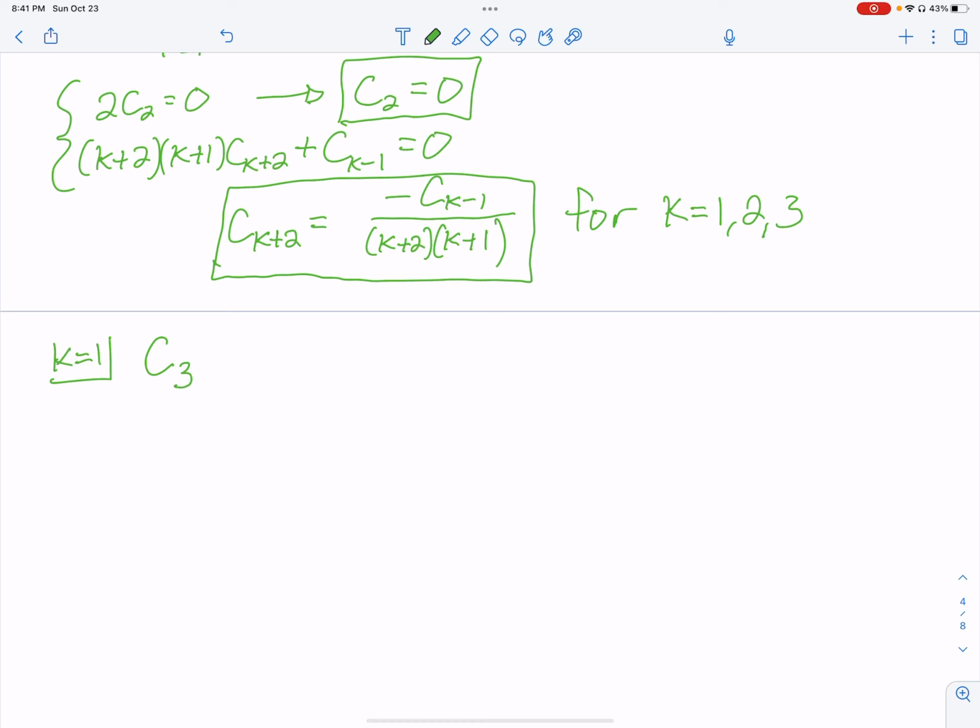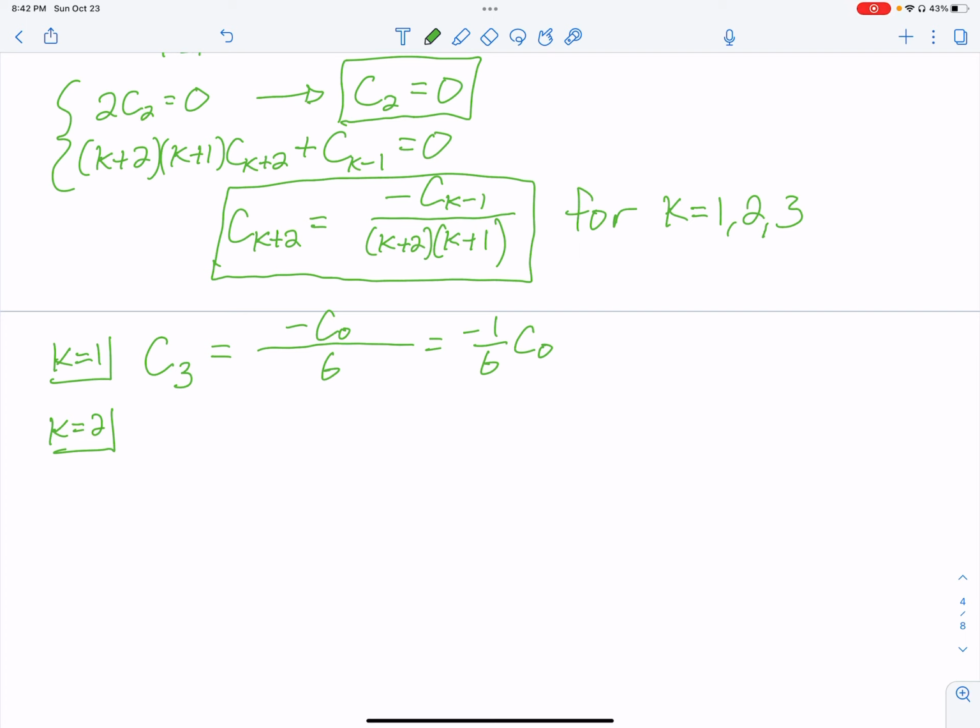So we get c3 when I plug in k equals 1. This is the bottom formula there. Minus c, if I'm plugging in 1, I get c0. And then plugging in 1, I get 3 times 2. So I get, and you'll see why I want to write it like this, it'll help us, negative 1/6 c0. And I'm going to stop for a moment, and then I go to the next k. That's how I know to stop on each line, because we're going to do some substitutions.